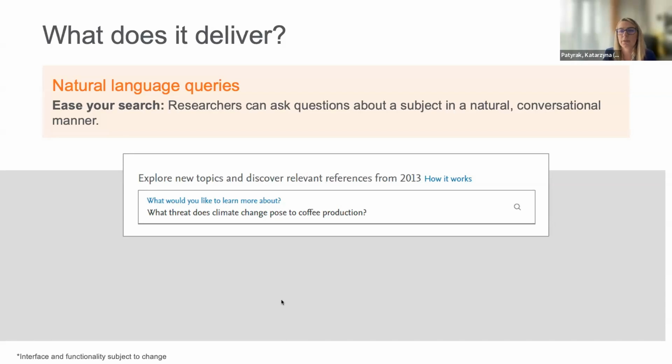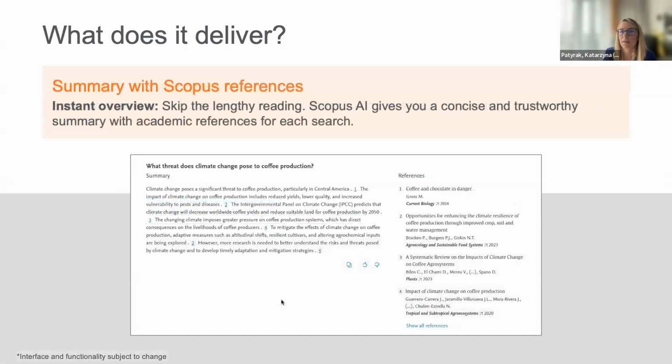And then the large language model, using very strict prompt engineering, generates a response that is based on the Scopus content with references so you know where everything is sourced from. At the end of this process, you get a summary with academic references, so you don't have to waste time on fruitless searches and trying to read all the literature that you are getting.